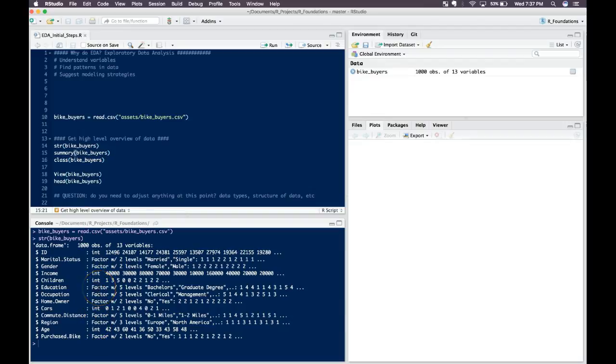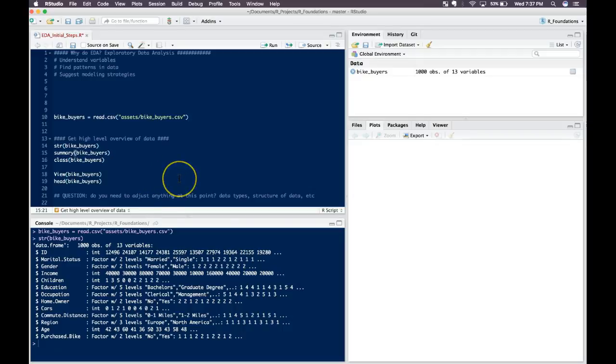The big thing to look out for is strings, maybe like first names, we have to make sure that those are not converted into factors. And if that were the case, we would just come here and set strings as factors equals false. But that's not the case. Everything looks good for right now. We may change some things later.